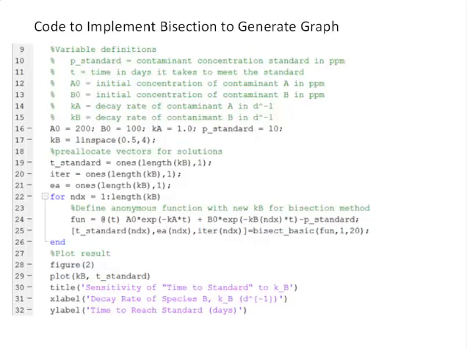Here I've skipped some of the help comments. There's more help comments above here. But here's the code that we can implement bisection with to generate that graph. Again, we will set up our parameter values. There's our fixed parameters. And then the parameter that we're studying is KB.